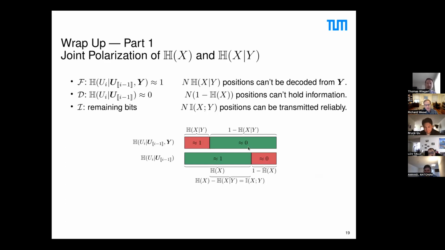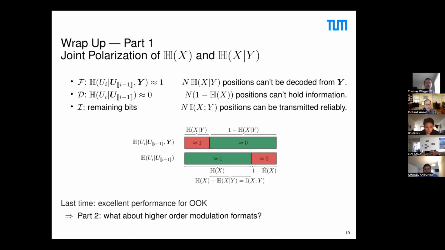And what's remaining is the intersection of the 2 green areas. These positions we can use for transmission, and the transmission rate is equal to the mutual information. So that scheme is actually capacity achieving also on asymmetric channels.